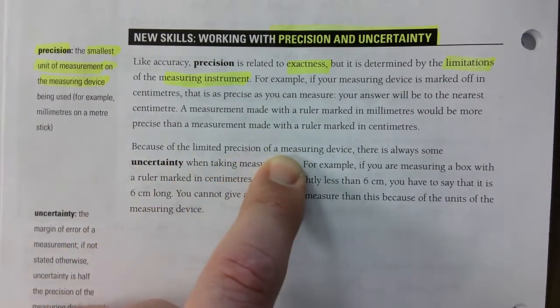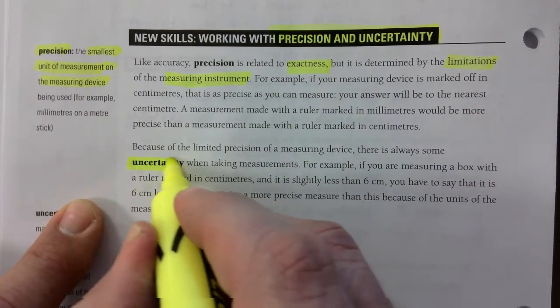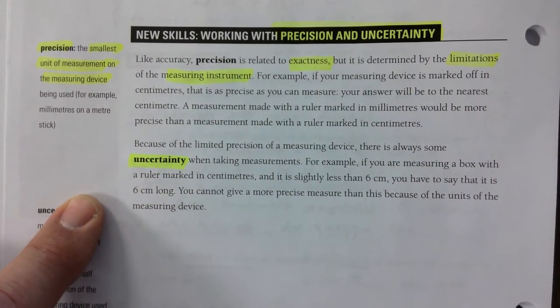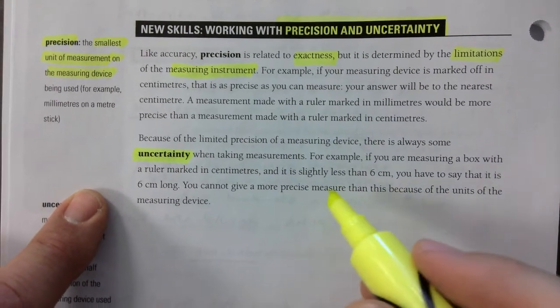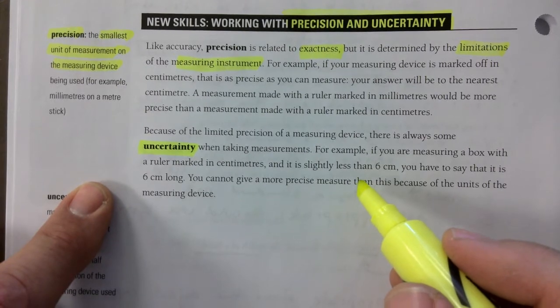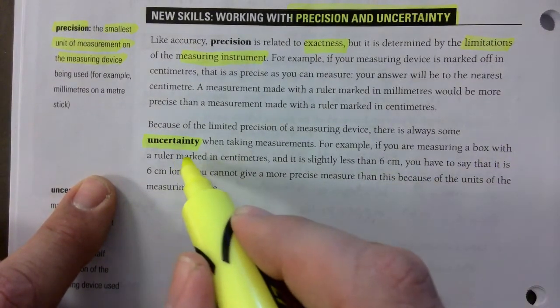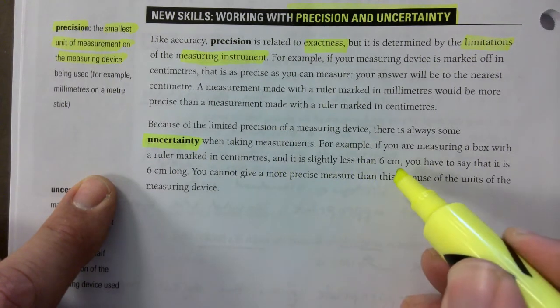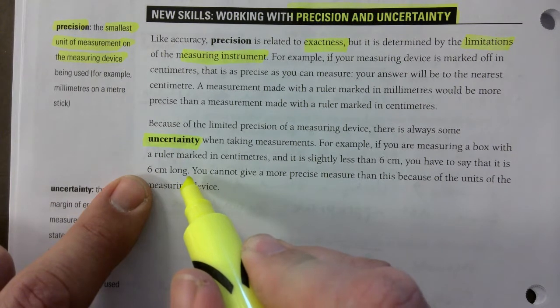Because of the limited precision of a measuring device, there's always some uncertainty. That's the other new word. Okay, so today we're going to learn about accuracy, precision, and uncertainty. For example, if you're measuring a box with a ruler marked in centimeters, and it is slightly less than 6 centimeters, you have to say that it is 6 centimeters long.